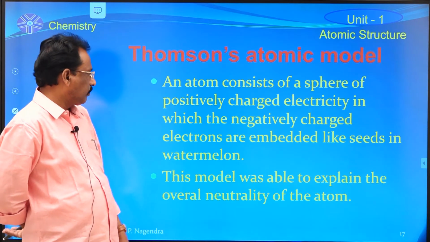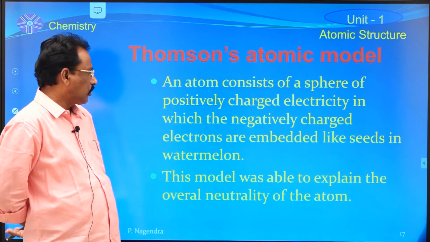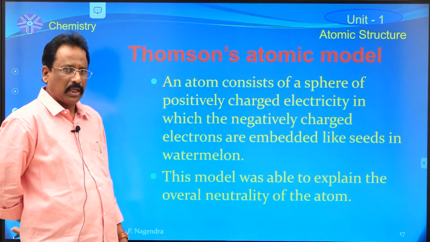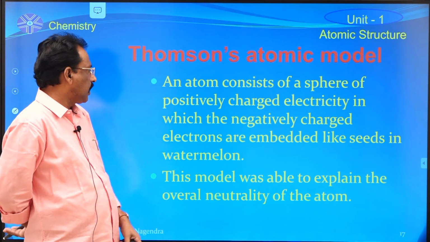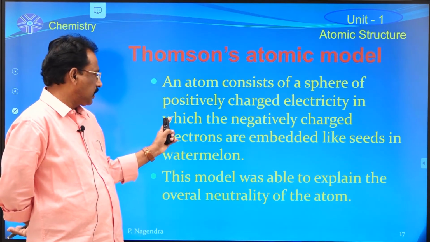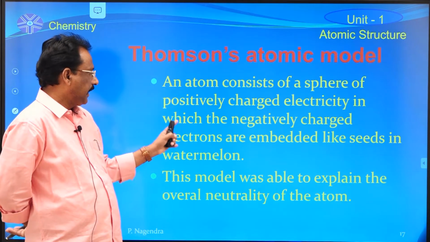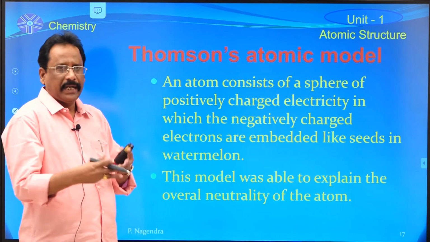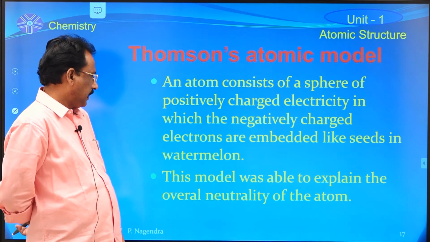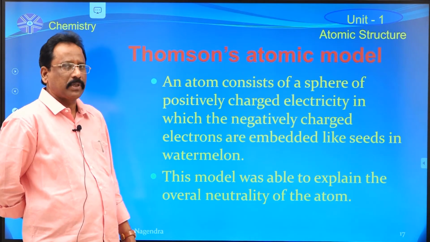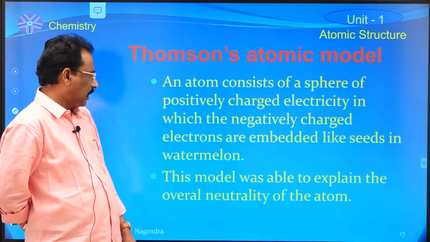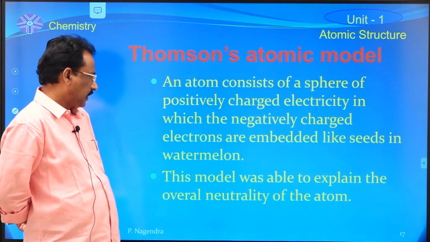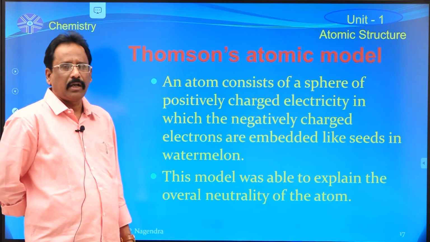So, this atomic model is also known as the watermelon model. In this model, both positive charge and negative charge are embedded. That means this model was able to explain the overall neutrality of the atom.